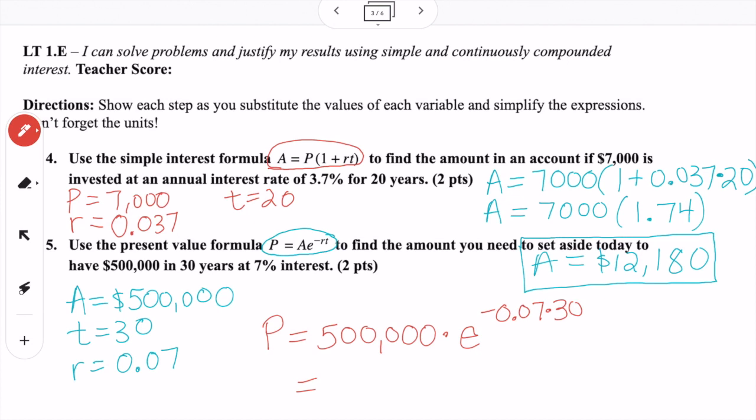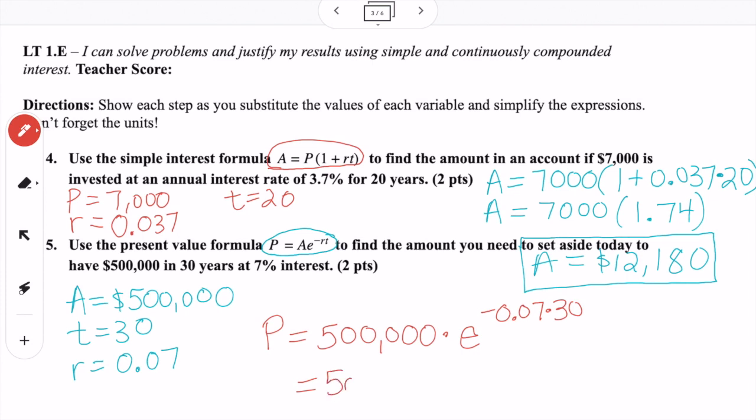You would have to solve the exponent first. And there is a button just for E on our calculators. It's on the same key as the ln, if you hit second there. So I type this in carefully, making sure to type it exactly how I see it.